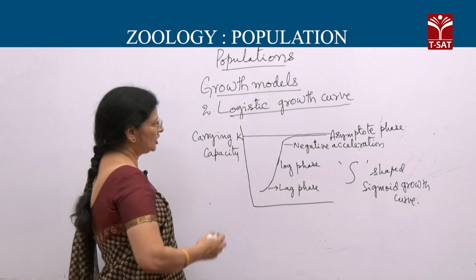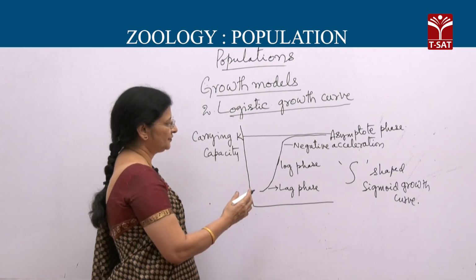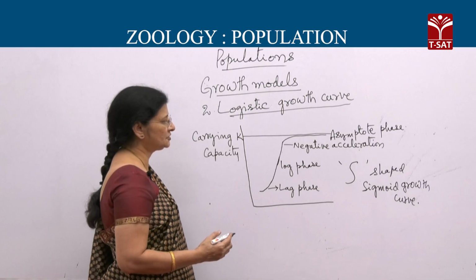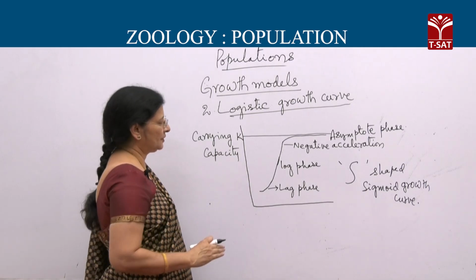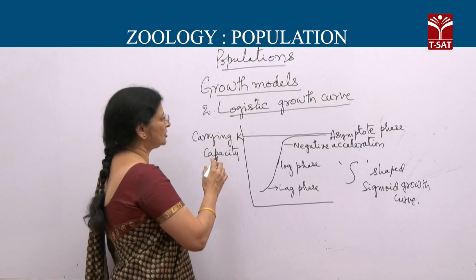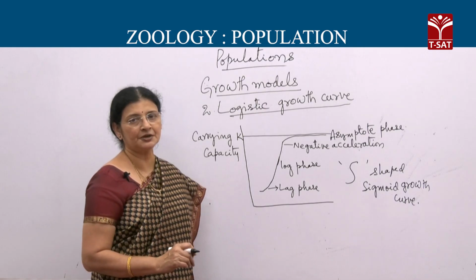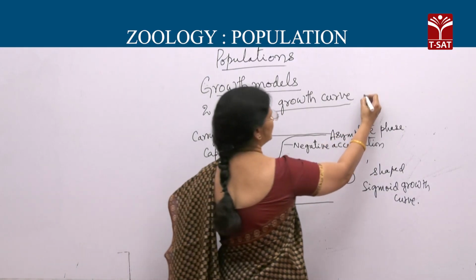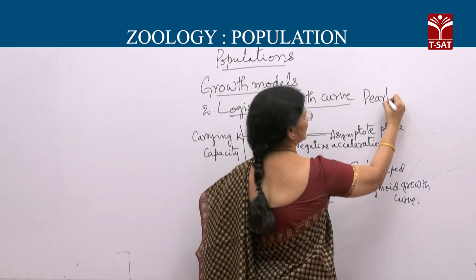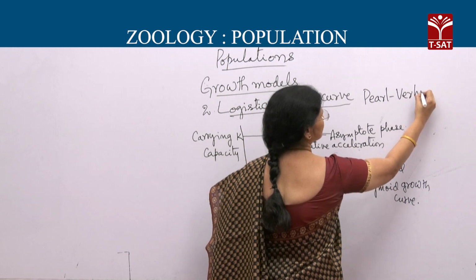So in logistic growth curve, the shape of the curve is S-shaped or sigmoid, and the population size depends on the carrying capacity of that particular habitat. This is also called Pearl-Verhulst growth curve.